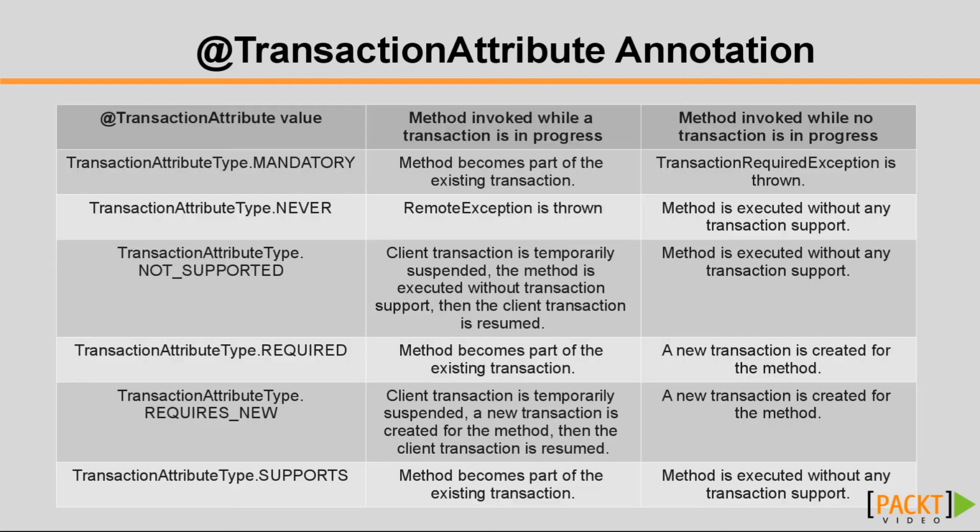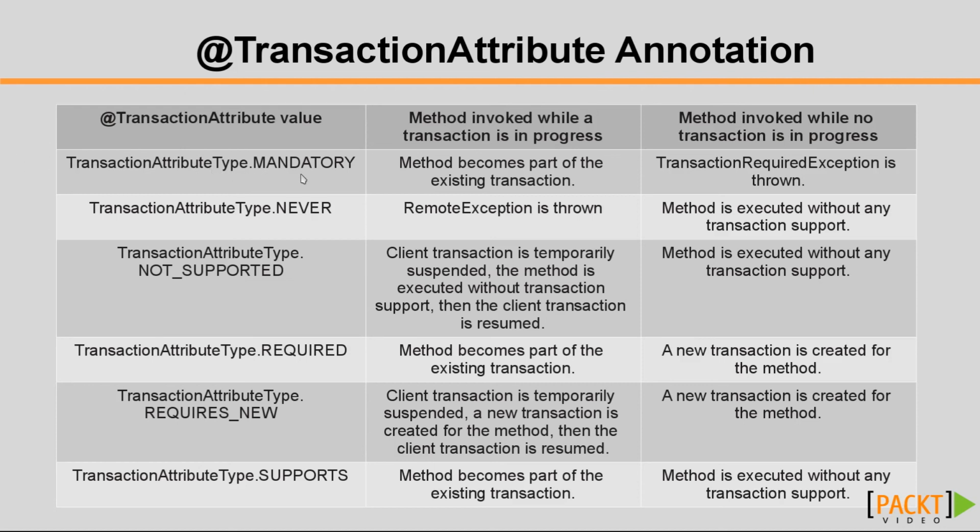And here we have the different values that we can add to the annotation and a brief explanation on how the method will behave both when a transaction is in progress and when no transaction is in progress.